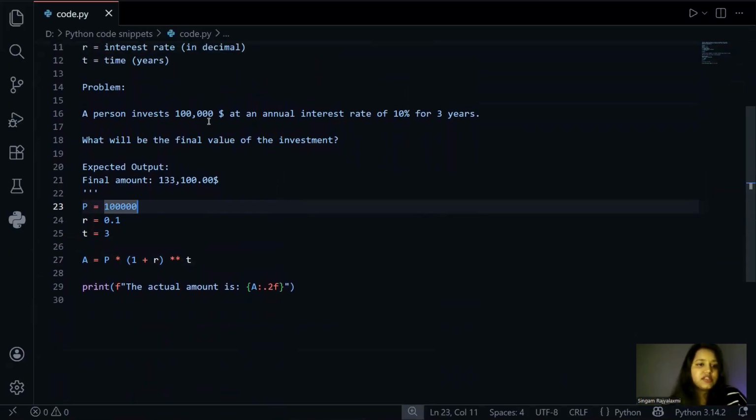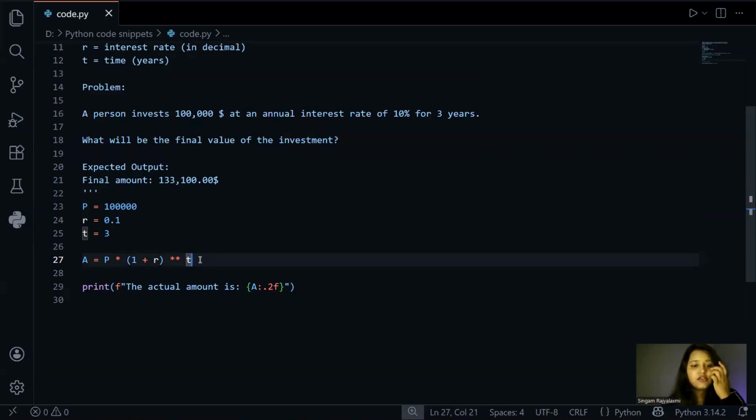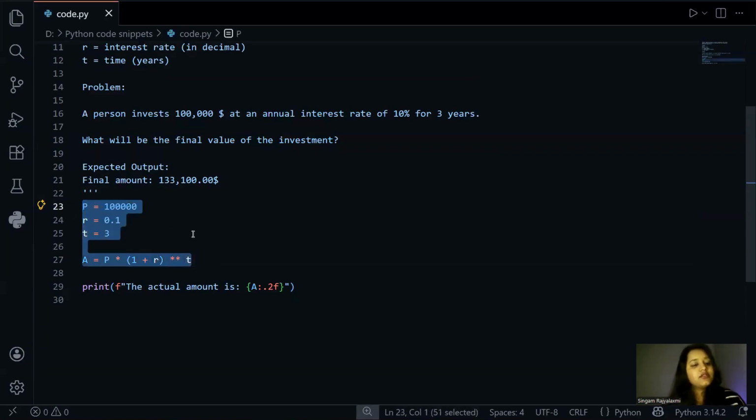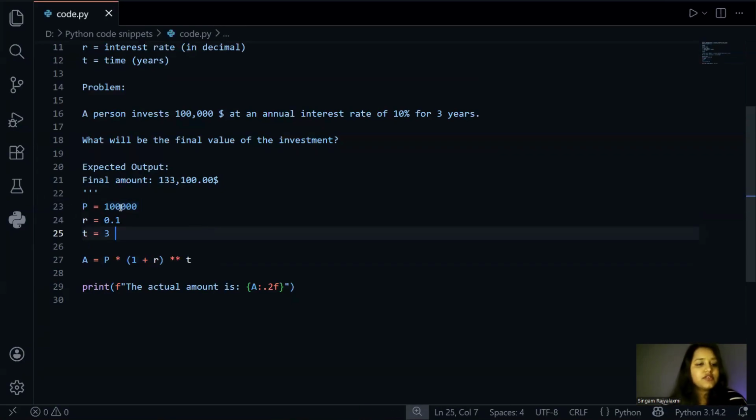So there's a person who invested $100,000 at an annual interest rate of about 10% for 3 years. The problem is that we need the actual amount. We already know the formula, so we can just give the amount, the rate and 3, and the formula. You just have to put everything together to get the output.